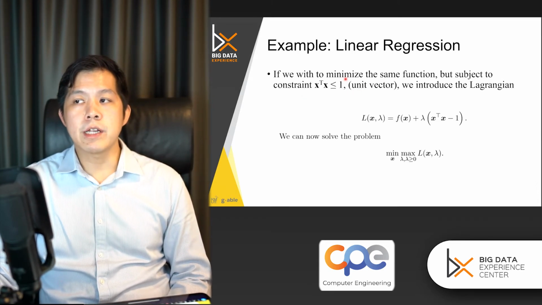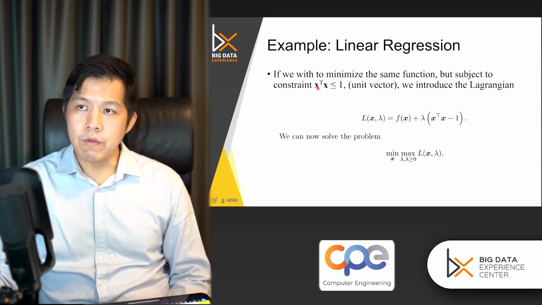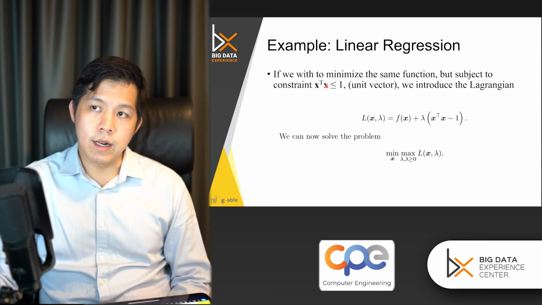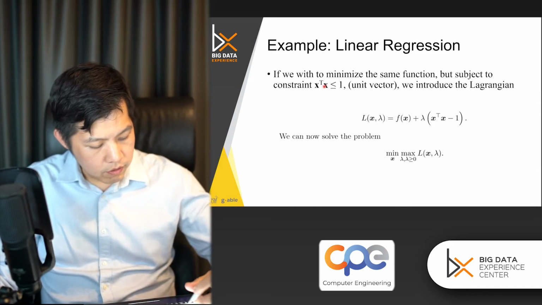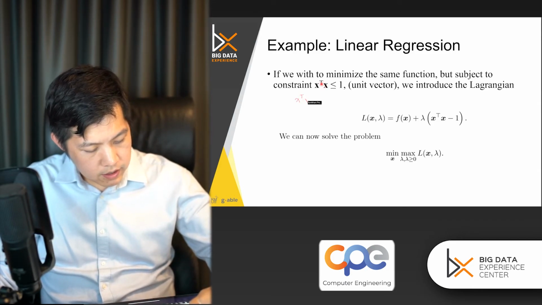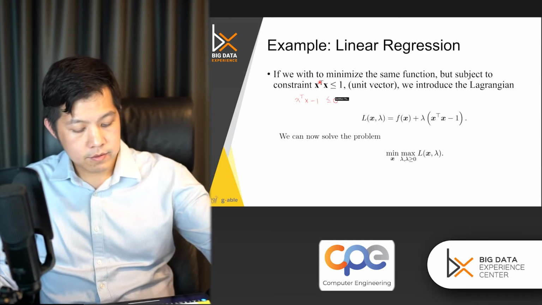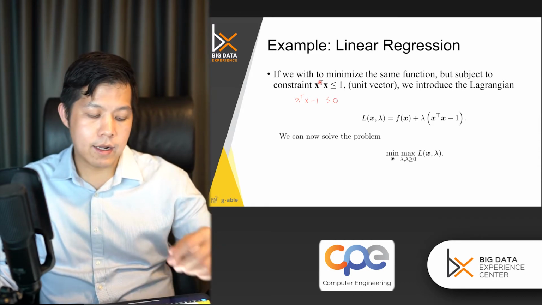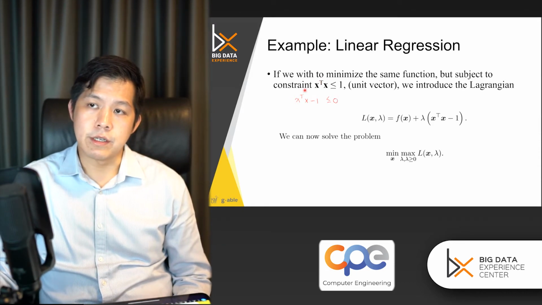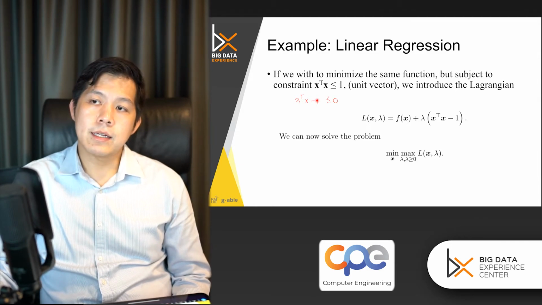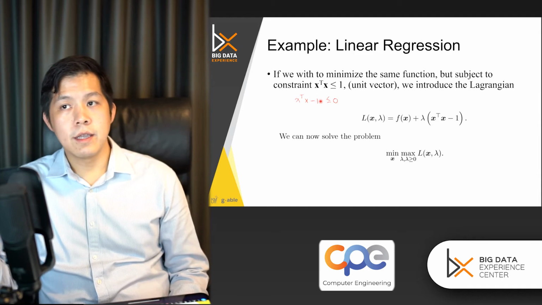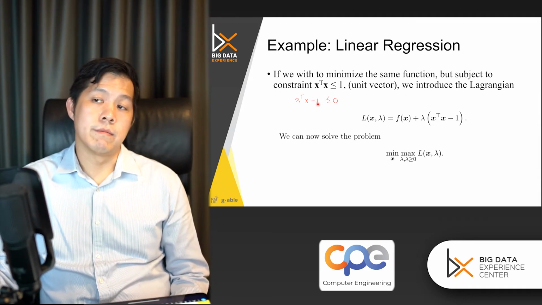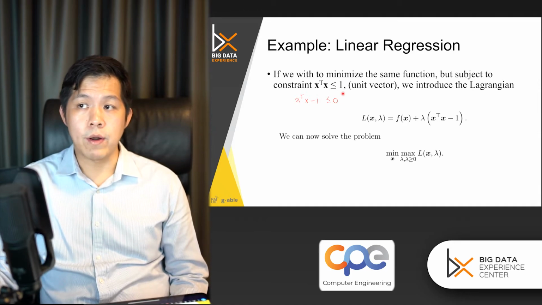Okay, how to express this? If you take a look at this and move 1 to the left hand side, we would get x transpose times x minus 1 is less than or equal to 0. So it means that the latter one has to be less than 1, basically, because if it is more than 1, then it would violate this one.